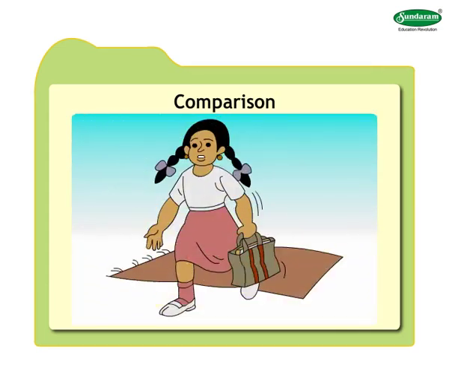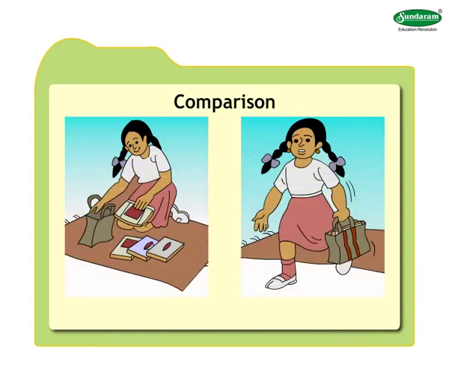Now, the girl has put all the books into that bag. What do you think, children? Which bag is heavier and which is lighter? Yes, the empty bag is lighter in weight, while the bag full of books is heavier than the empty bag.